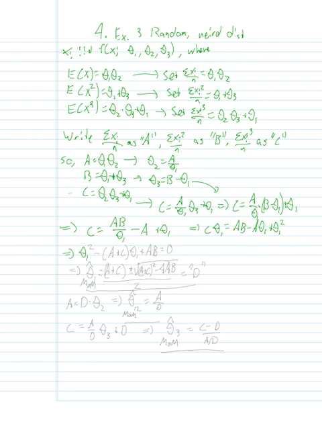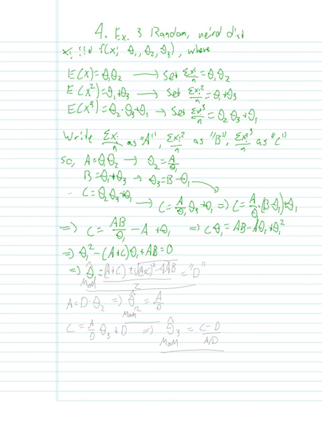Or going to set this up and use the quadratic formula. Theta 1 squared minus (A plus C) theta 1 plus AB equals 0, right?